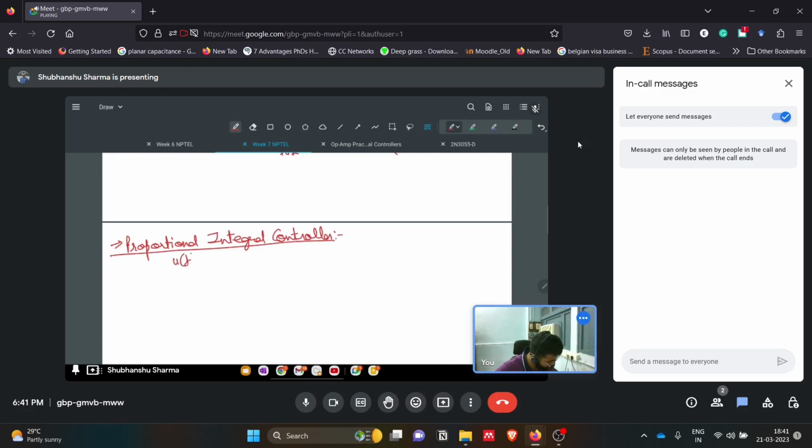We can say the output is directly proportional to the error, and also directly proportional to the integration of the error with respect to time. So if we combine both of them, we will get Kp E of t plus Kc integration E of t dt.